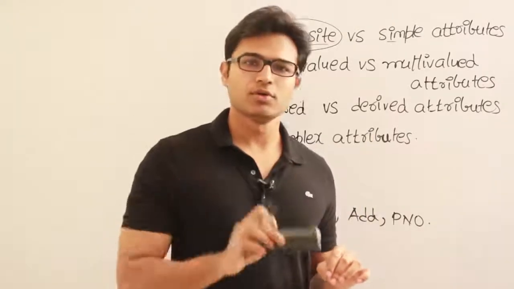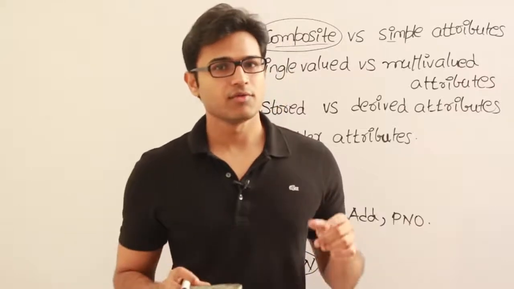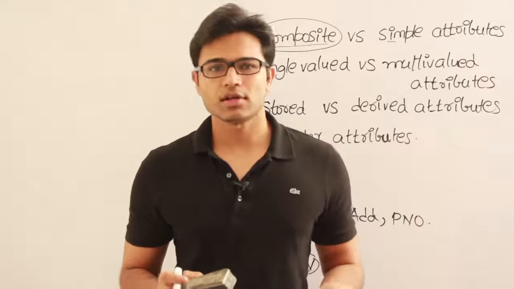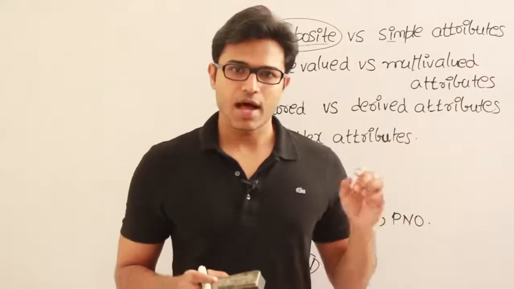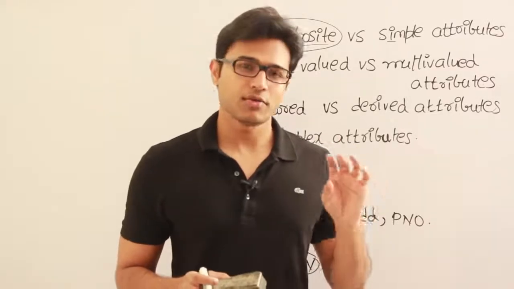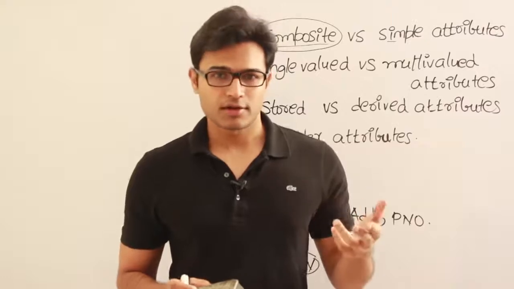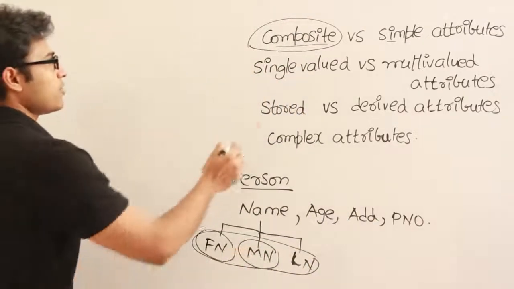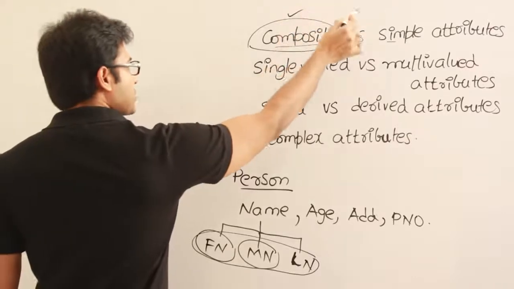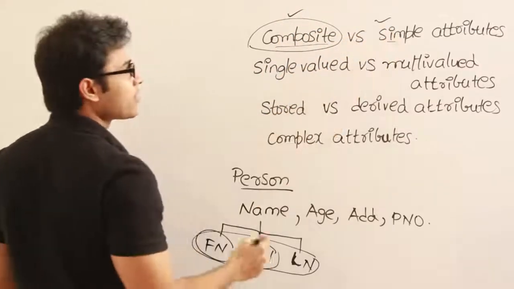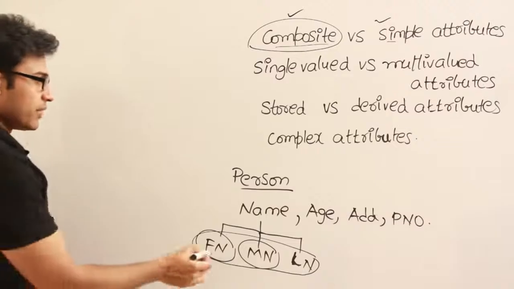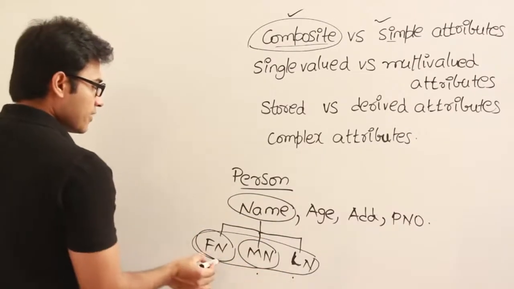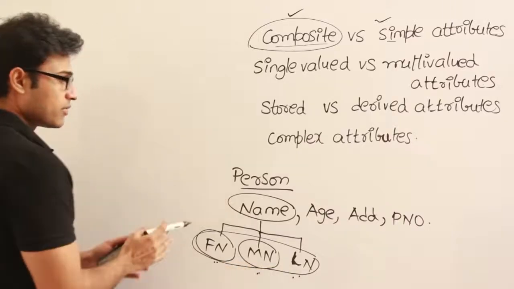Phone number is applicable to you, but you might not have a phone, which means it does not exist. Not applicable means you might not have any middle name at all. That's why this field is not applicable for you. Either if it is not applicable or if it doesn't exist, we are going to use null values. Here the main difference between composite and simple is that composite is a collection of simple attributes, and simple attributes cannot be divided further. So name is a composite attribute which is a collection of first name, middle name, and last name, and first name, middle name, or last name cannot be further divided.